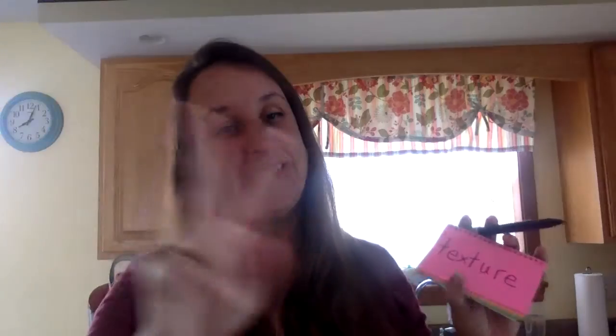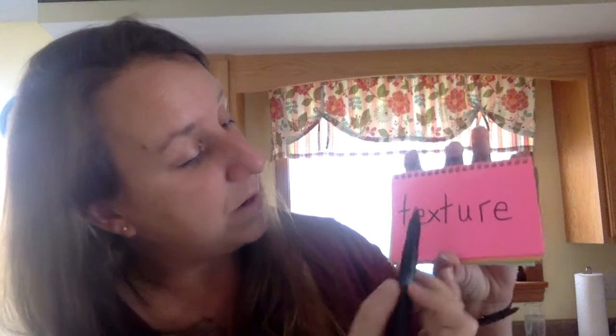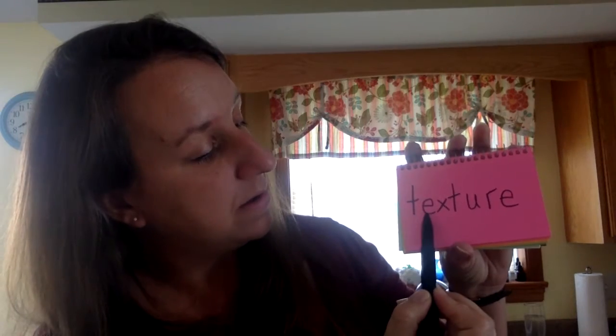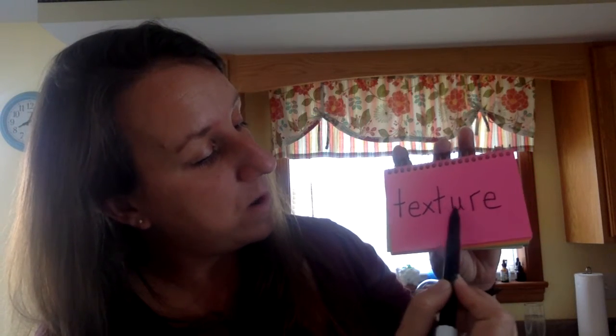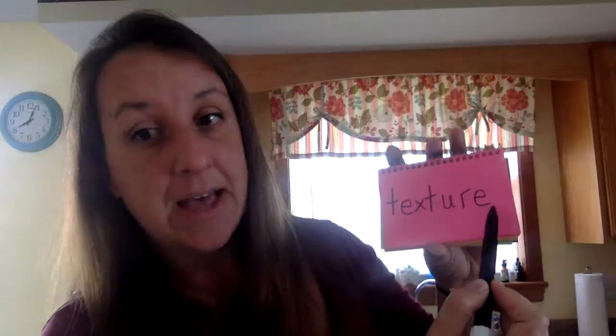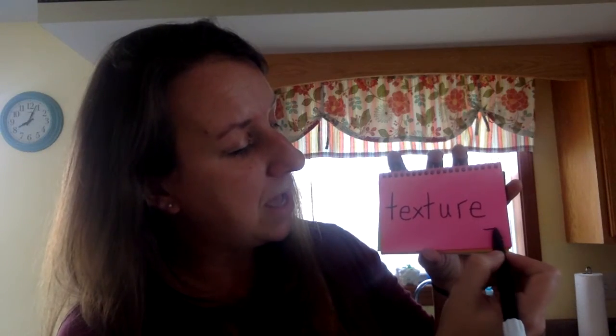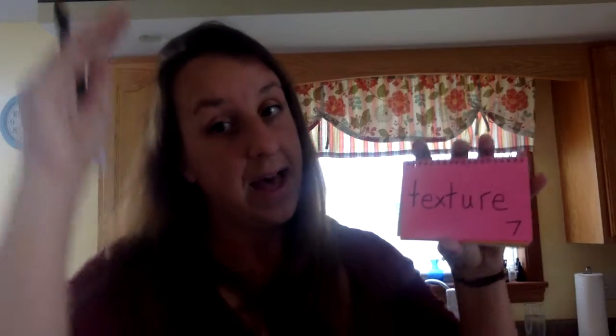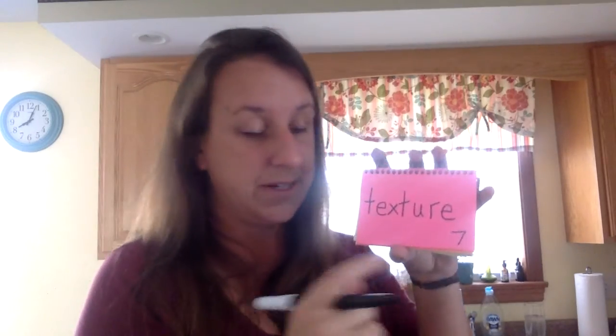Texture has how many syllables? Let's clap. Texture. That was easy. 2. How many letters in the word texture? Let's count. 1, 2, 3, 4, 5, 6, 7, across the sky and down from heaven, high to low, it's number 7.